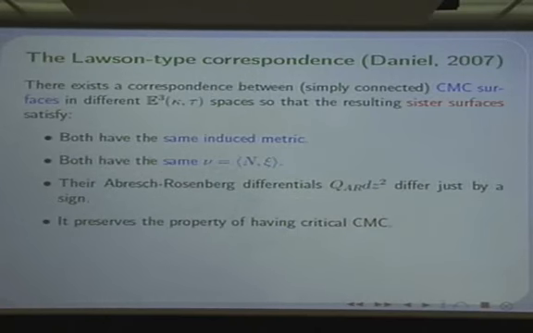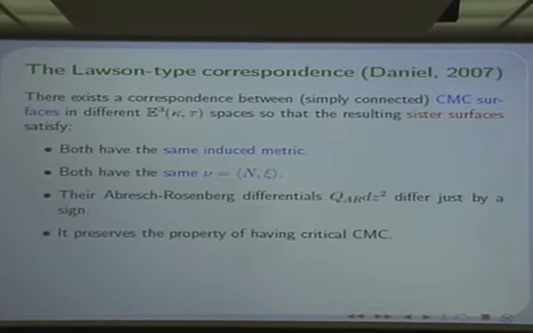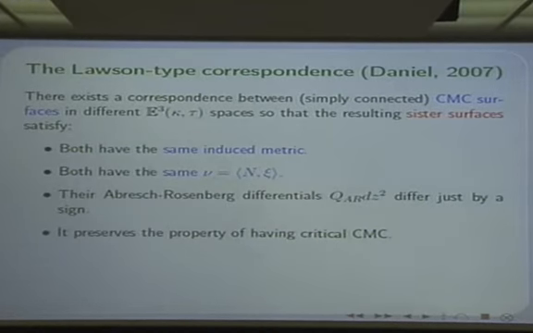Well, this is by the Lawson type correspondence that Benoit explained in his first talk, well, in his second talk today, at 9:30, okay? Benoit explained that you have a correspondence between simply connected CMC surfaces belonging to different homogeneous spaces E(kappa, tau). For the resulting sister surfaces, you have some preserved quantities.